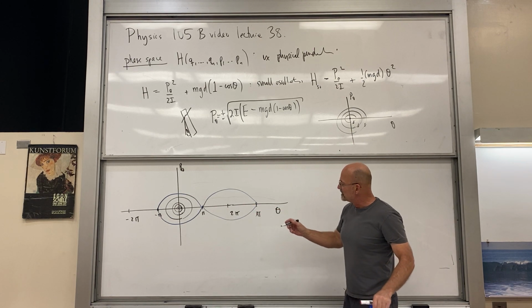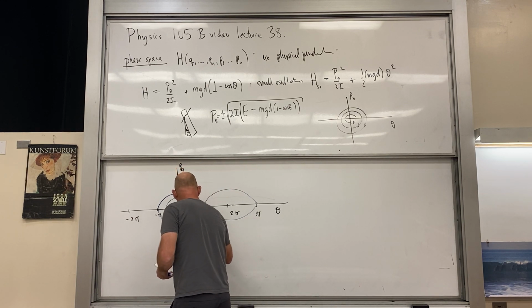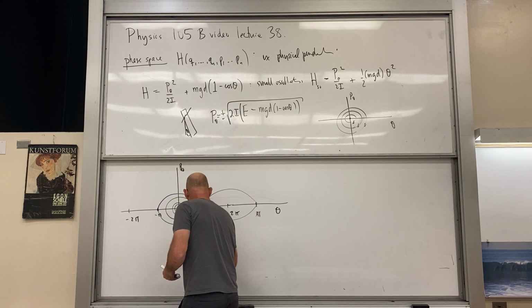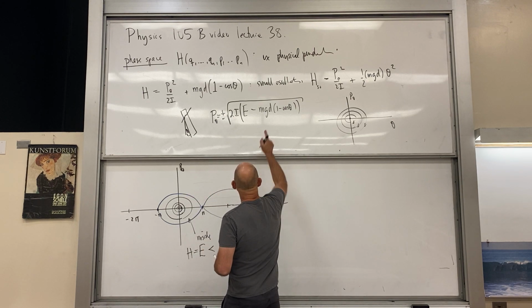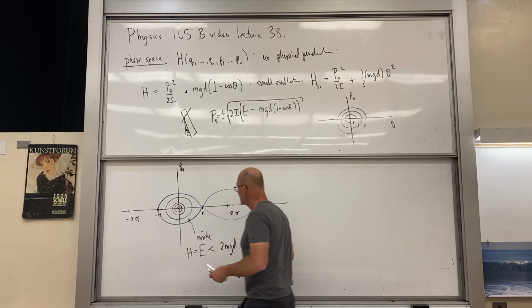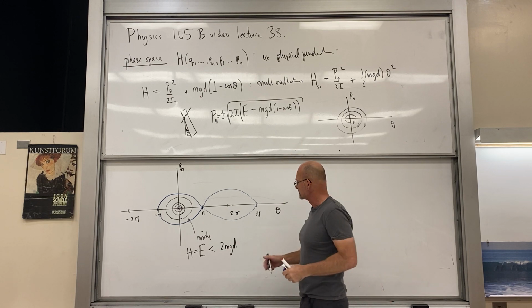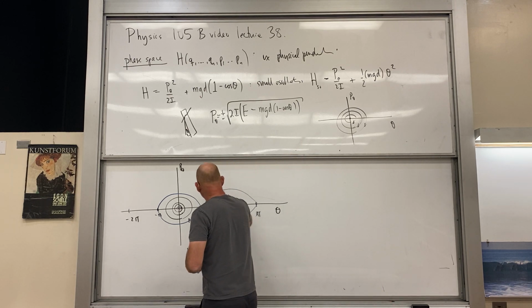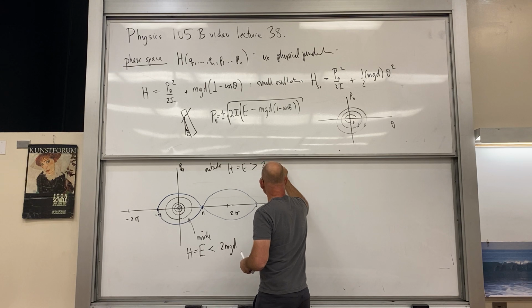Now, inside here, H equals E is less than, for my expression there, 2mgd. The difference between the thing hanging down at the bottom and inverted. And then outside, H equals E is greater than 2mgd.